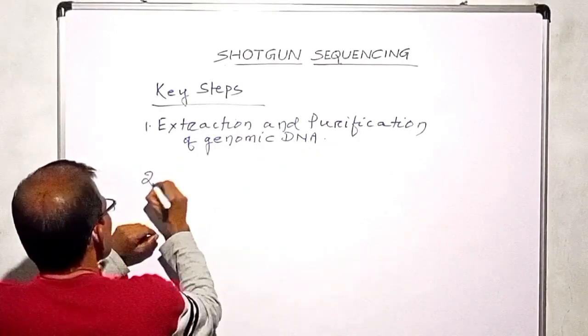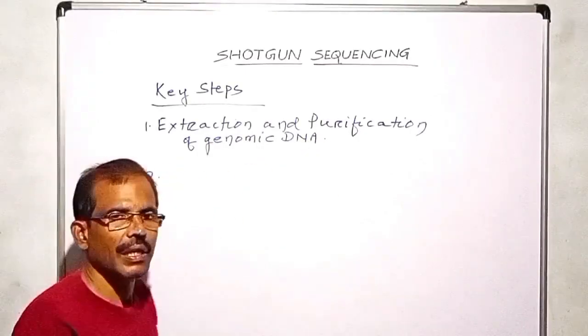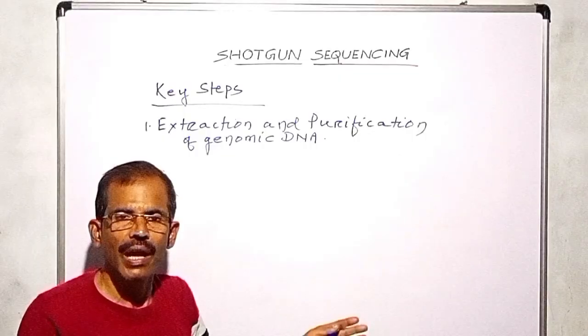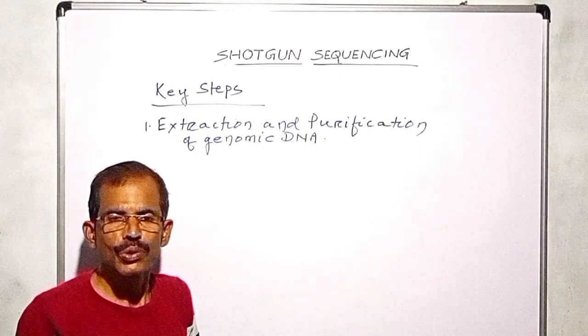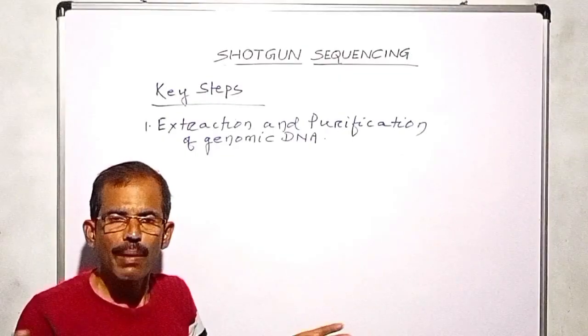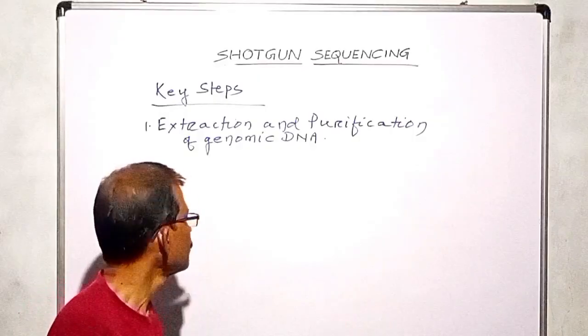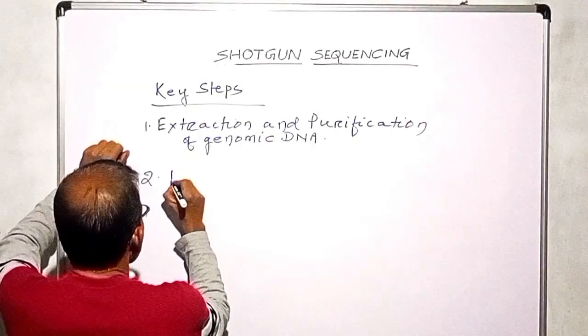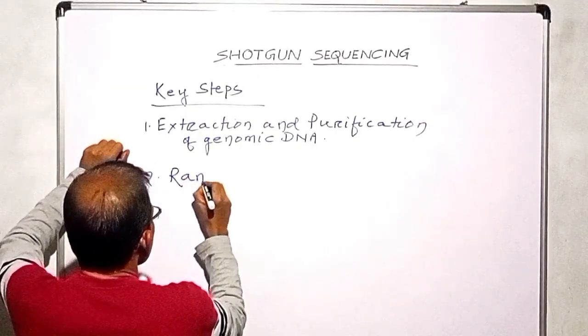In the second step, the genomic DNA is broken down at random to produce a large number of overlapping DNA fragments. So the second step is random fragmentation.